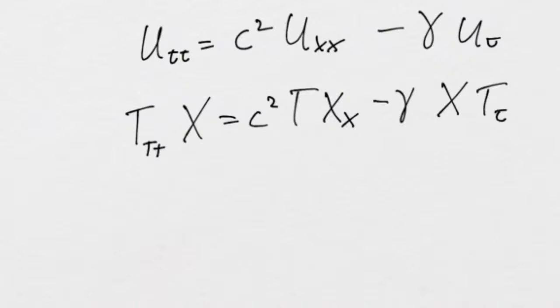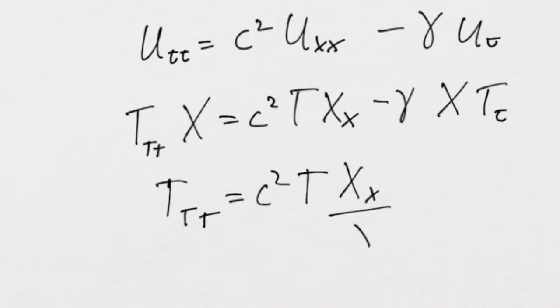Now I think the obvious thing is you divide by X. So I get T double prime equals c squared T X double prime over X minus gamma T prime.